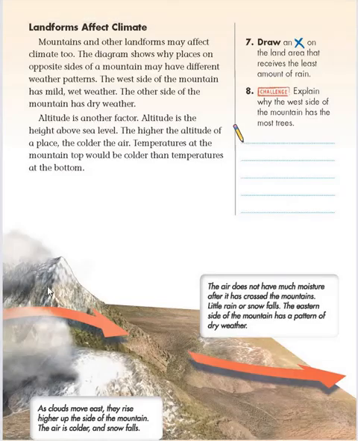Because the mountain prevents the movement of the clouds from this side to this side. So you can find that this side is desert, no water, no clouds. This is how the altitude or the height of any landform can affect the climate.